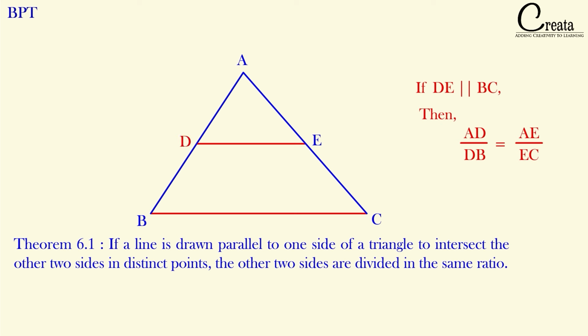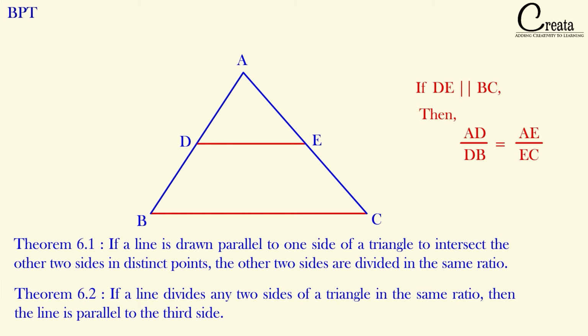Here point D is dividing the side AB into two parts, AD and DB, and E is also dividing the side AC into two parts, AE and EC. So AD upon DB will be equal to AE upon EC if DE and BC are parallel to each other. This is the concept of BPT, basic proportionality theorem, BPT theorem.